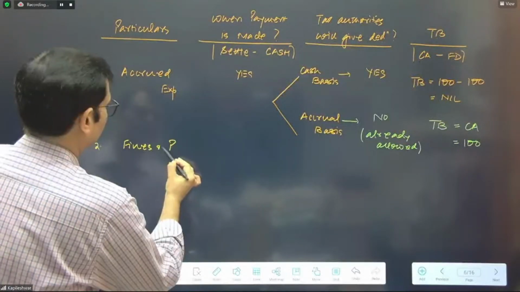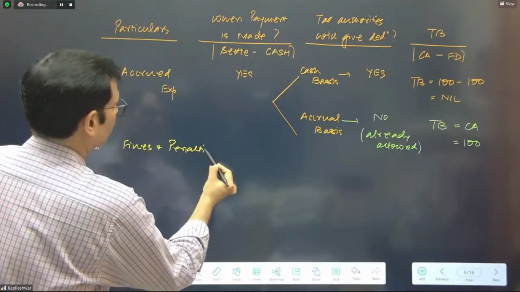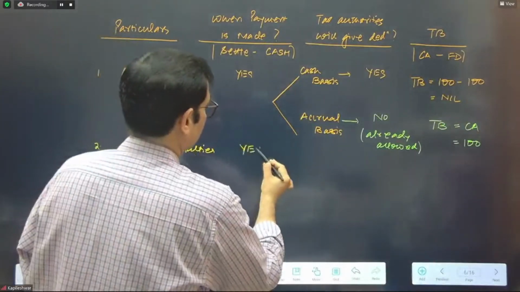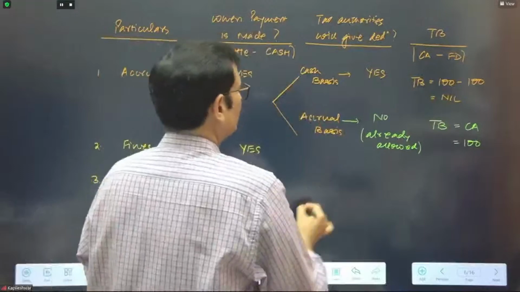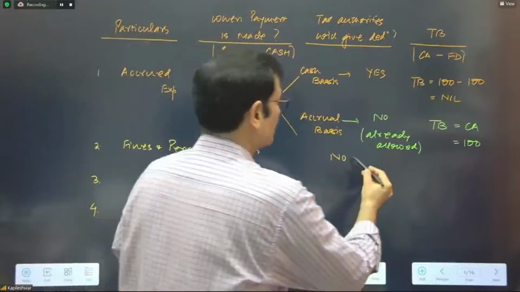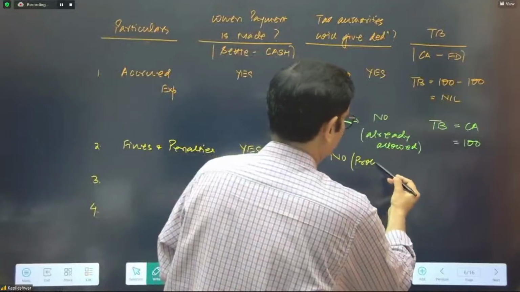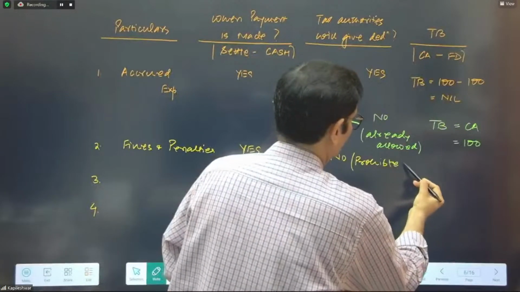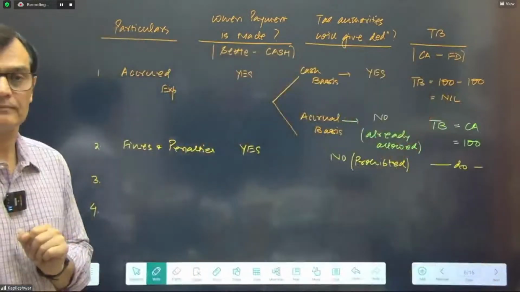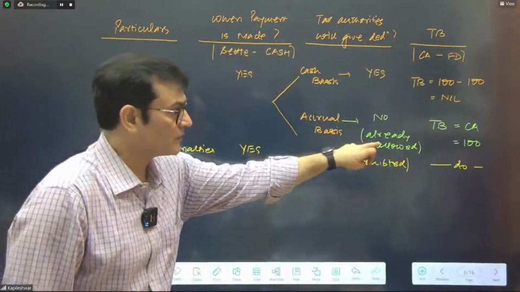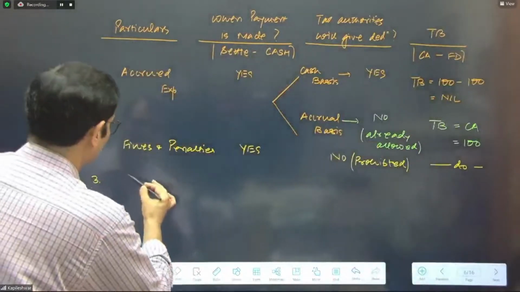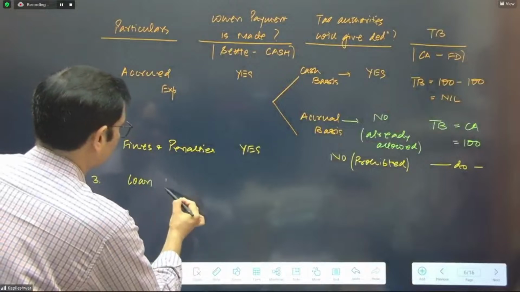Are you going to settle in cash? Yes. Will the income tax authority give you a deduction? No. Because it is prohibited. So the tax base and the carrying amount is same. Already allowed, done. Prohibited, done.